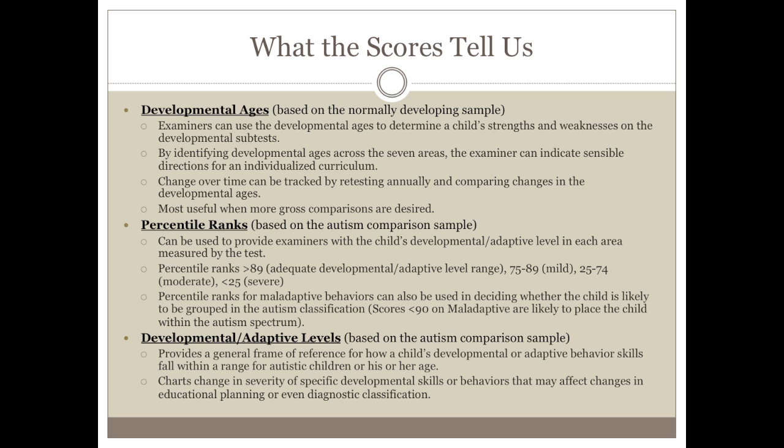These scores can help practitioners and families determine the impact of autism on those specific assessment areas. Finally, the developmental or adaptive levels provide a general frame of reference for how a child's development falls within a range of autistic children his or her age. These developmental levels can change over time, dictating changes in programming or possibly even diagnostic classification.